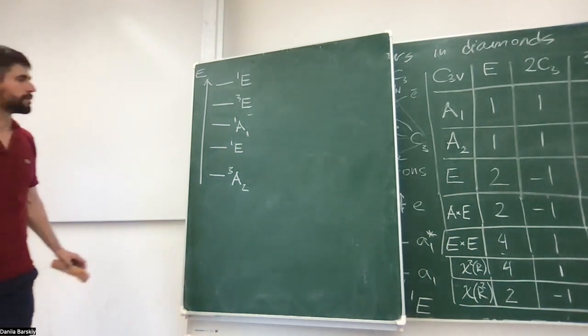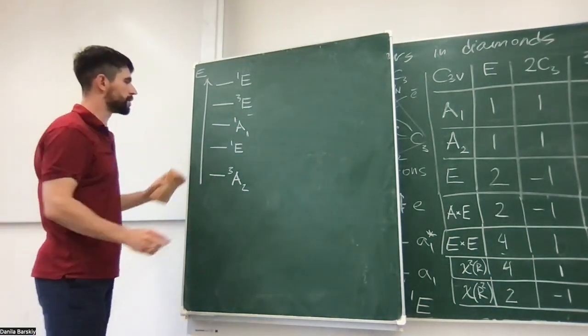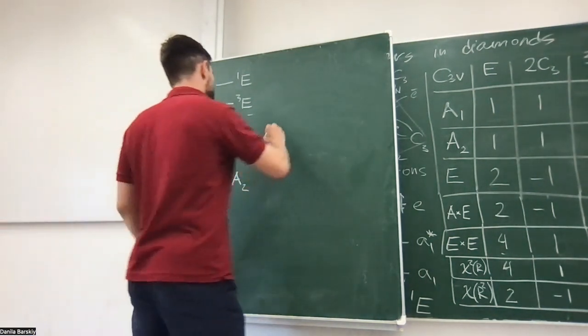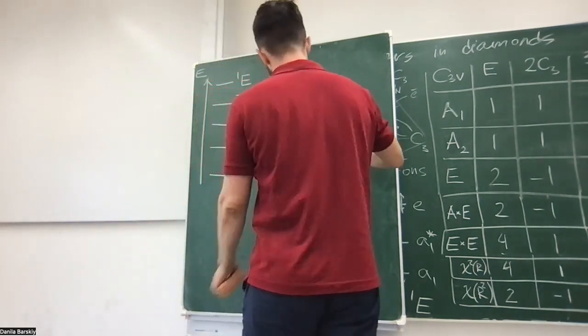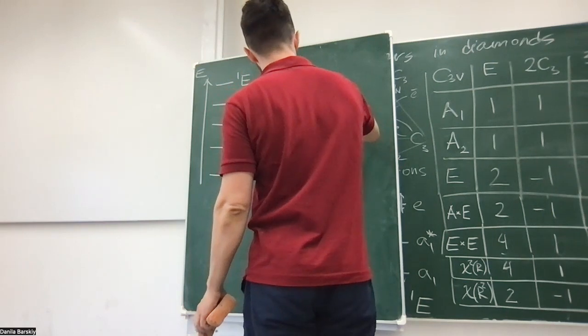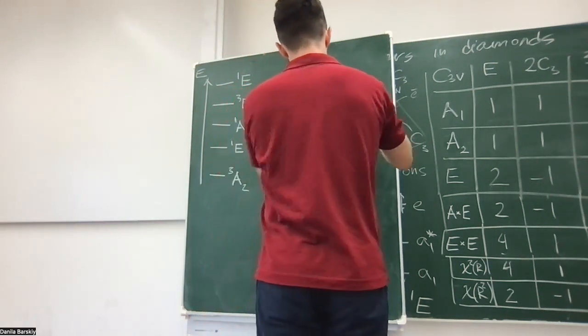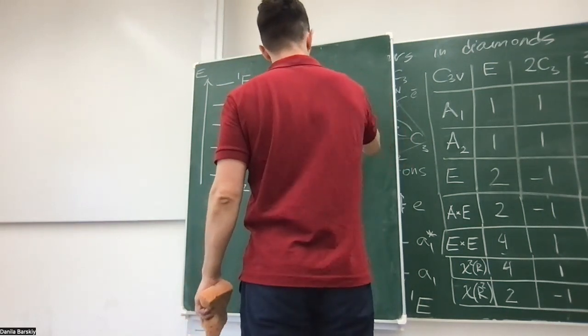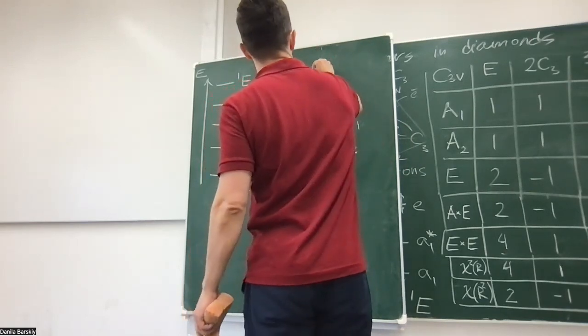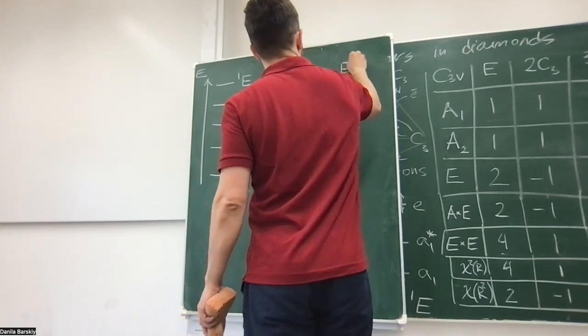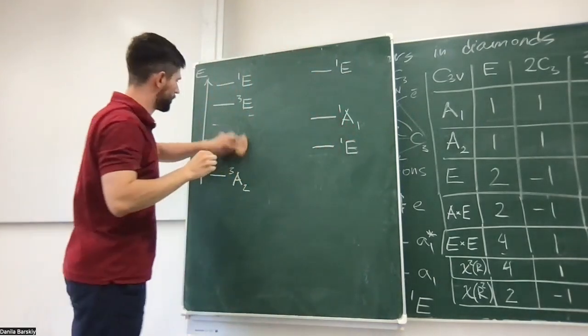Normally, when people draw this energy diagram, they differentiate: on the left, they keep the triplet state, and on the right, they put the excited singlet state. So we're going to do the same here. So we do this A11, E1. And here it is E1. So we remove this from here.